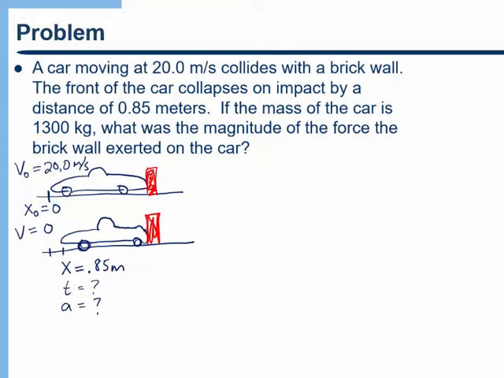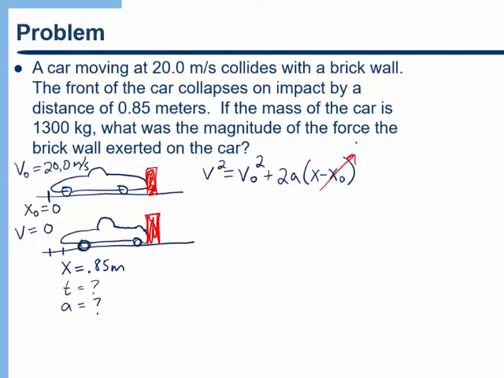If you go back and look at your one-dimensional kinematics equations, you'll see that the one you want to use is v squared is equal to v naught squared plus 2a times x minus x naught, because that has both v and a in it and does not have t. We're going to do our usual thing here. Let's cross out what's 0.